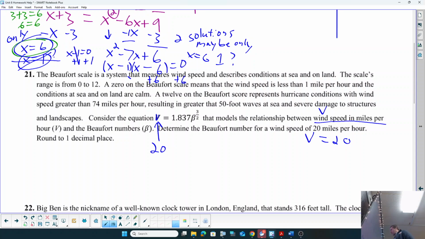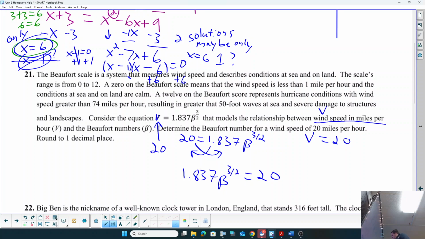I'm going to write it the other way around just because it's easier for me to read. So basically it's 20 is equal to 1.837 Beaufort, call it x if you really want, to the 3/2. I'm going to switch it around, so 1.837 times Beaufort to the 3/2 is equal to 20.